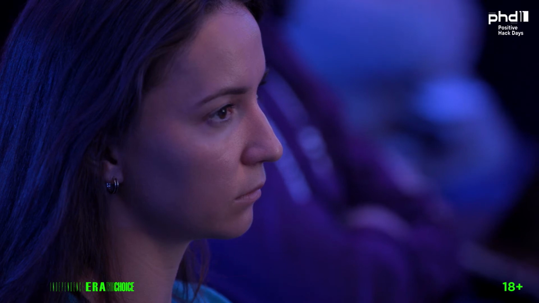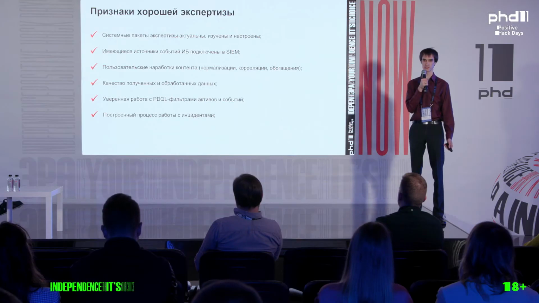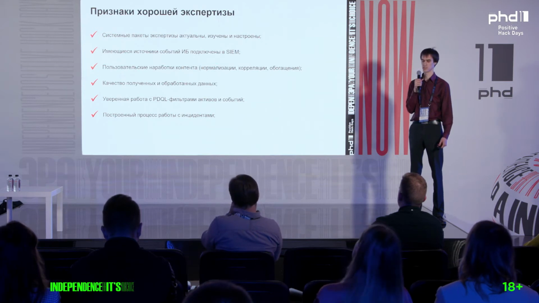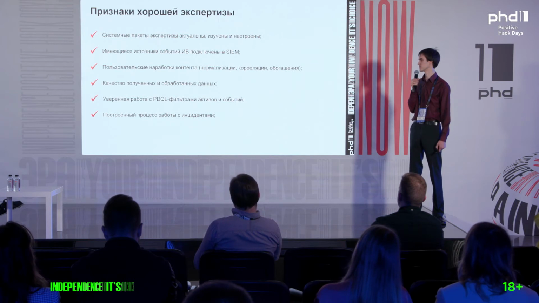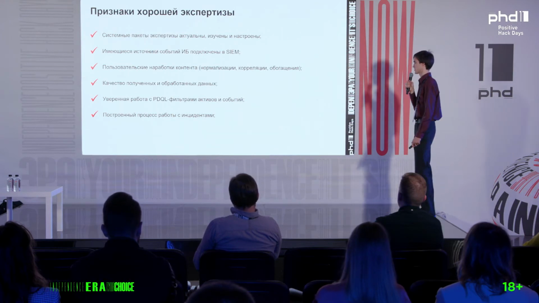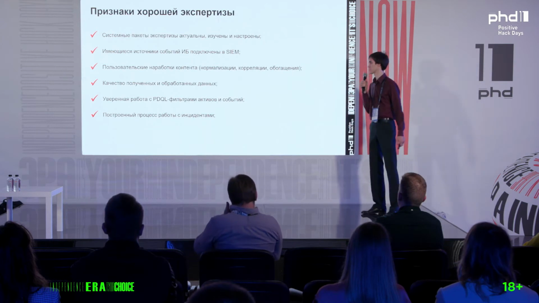In order to connect it to SIEM, if such interface is not supported by the vendor, you may need to do some magic. For example, it may be storing information in an SQL database. Then, if you do an SQL query, you can actually pull this information to your SIEM system. Naturally, it doesn't stop there. The next step is normalization, correlation, and enrichment.